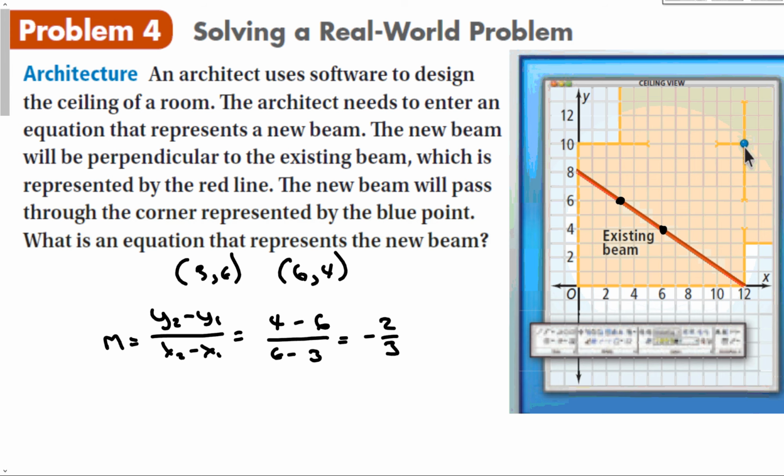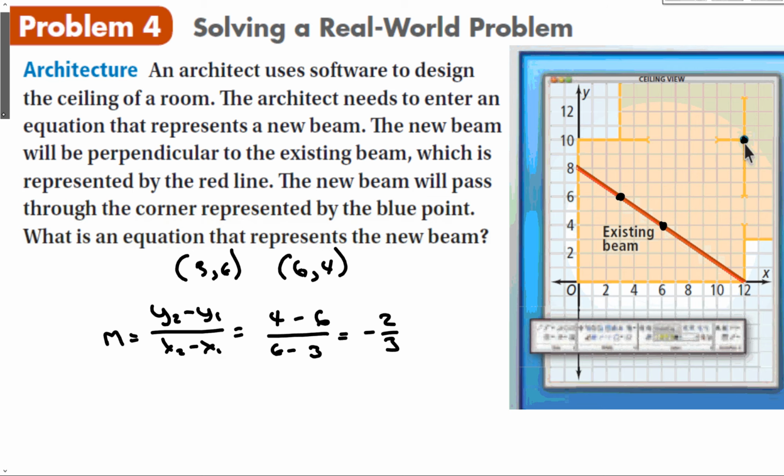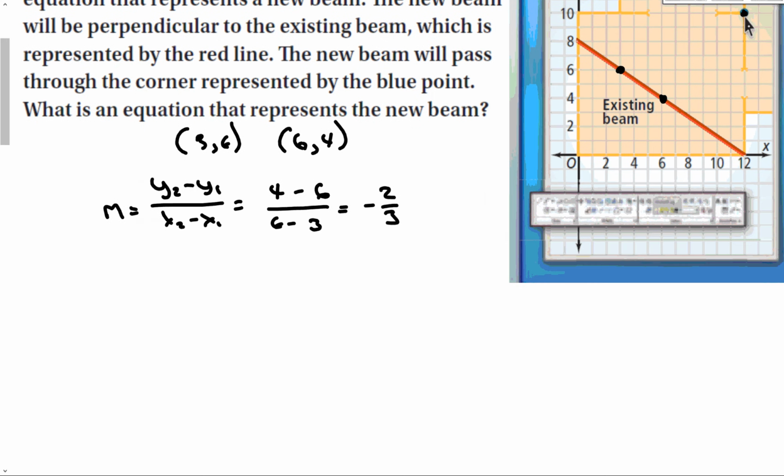So that's my slope. I now know the coordinates of the blue point, right? The blue point was 12 comma 10.